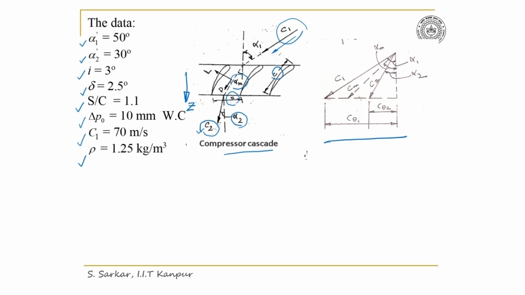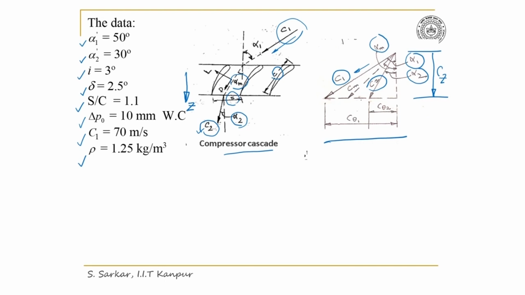And look, this is the axial component of C, Cz. Cz at inlet and exit must be the same as the mass flow rate remains constant. So here I have indicated C1, C2, C1 making an angle alpha 1 with the Z axis, and here similarly alpha 2, and thus I have defined alpha m.